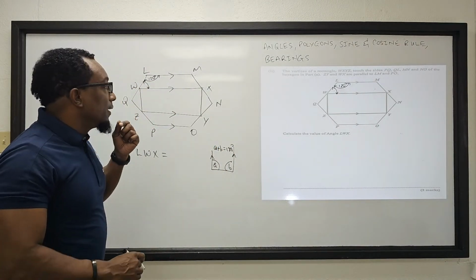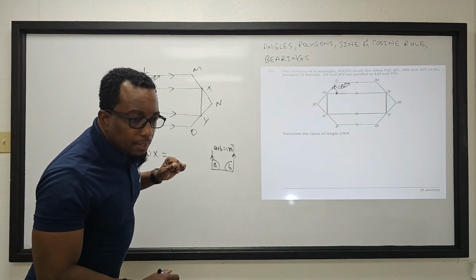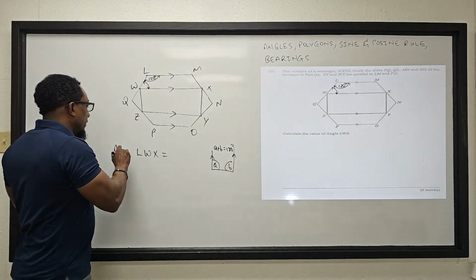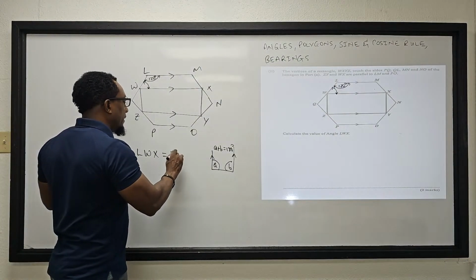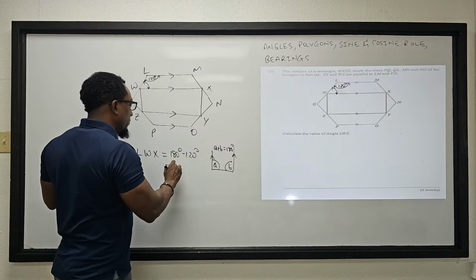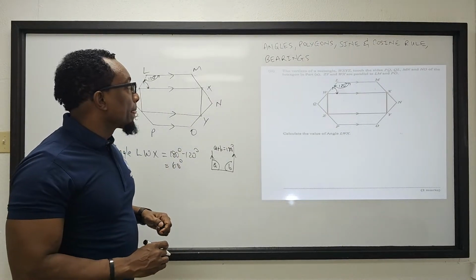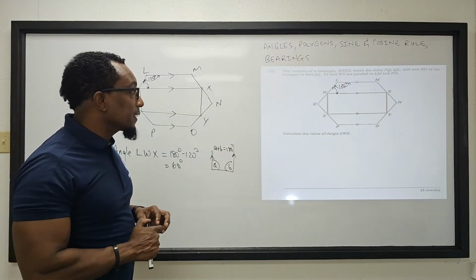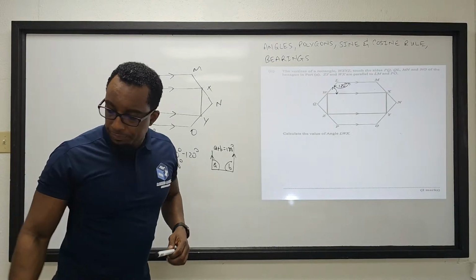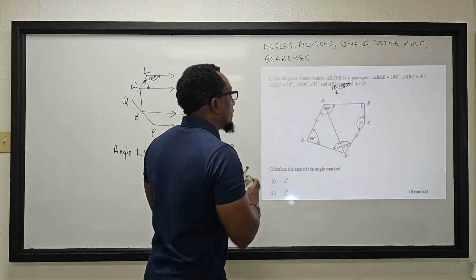So therefore, this angle LWX will be 180 minus 120, which will give you what? 60 degrees. Yeah? So that angle there will be 60 degrees. That's the angle LWX, 60 degrees. Straightforward. So let's look at another question here.